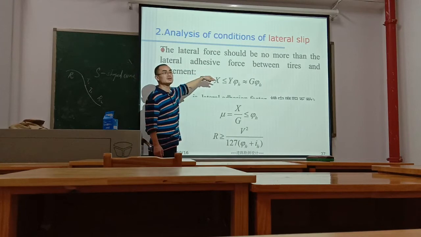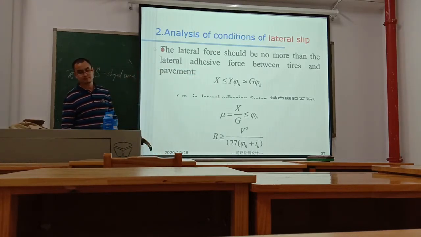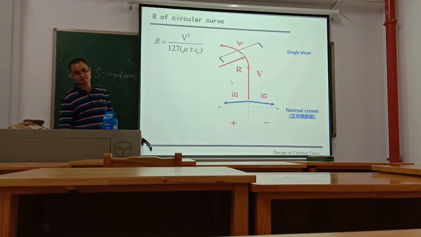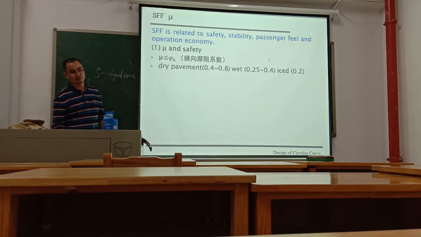Adhesive. On dry pavement, the cosine h is 0.4 to 0.8.